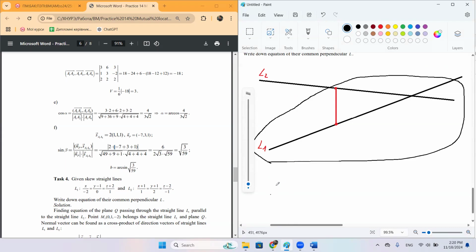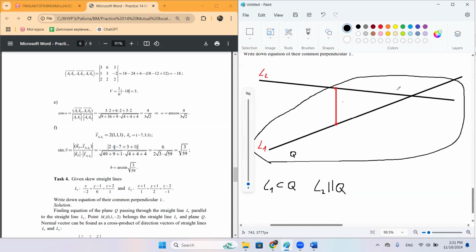So this is Q, and let's write down that L1 belongs to Q, and L2 is parallel to Q.